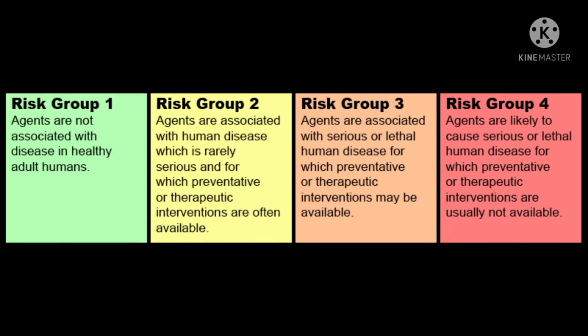While lastly, for risk group 4 microorganisms, they are known to produce life-threatening diseases to humans or animals. It represents a significant risk to laboratory workers and may be readily transmissible from one individual to another, while effective treatment and preventive measures are not usually available. In effect, they bring about high individual and high community risk.